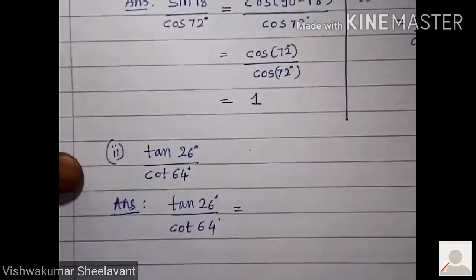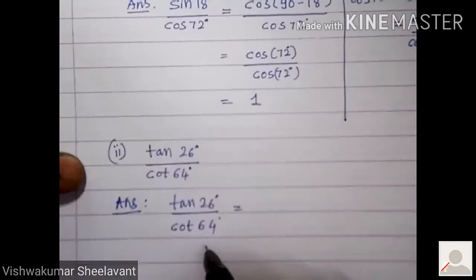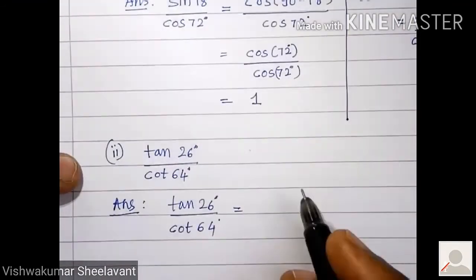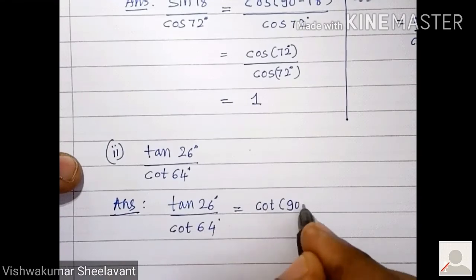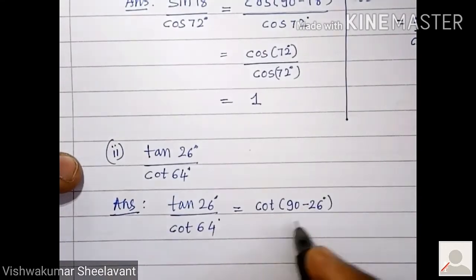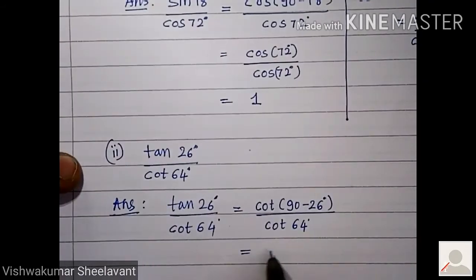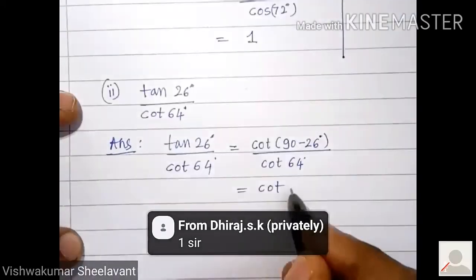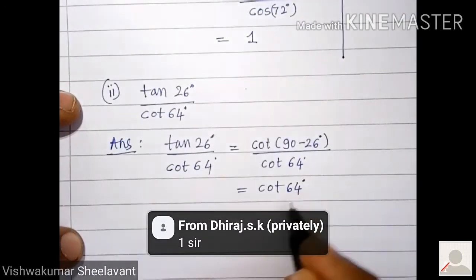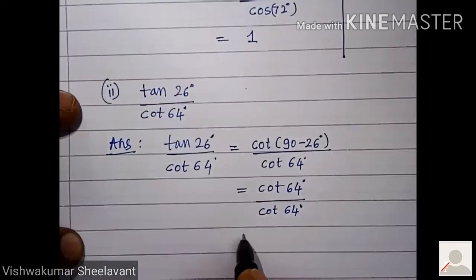What is this? Apply the complementary angle relationship either to tan 26 or to cot 64. This will become cot of 90 minus 26 degree divided by cot of 64 degree, that is cot of 64 by cot of 64, and hence you will get again 1.